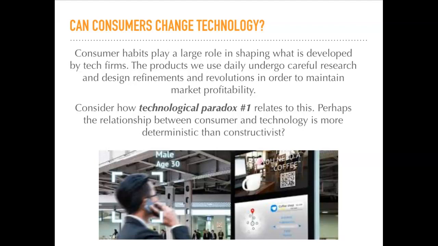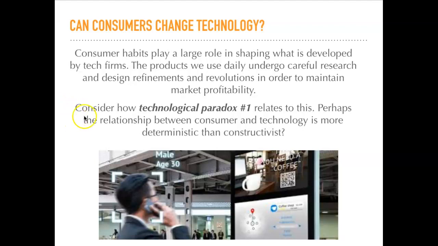But people still consume it. And if there's a way for companies to make money off of even human suffering, that is what will happen. So this idea that consumers can change technology is a powerful one, but we do need to think carefully and try to understand its consequences and outcomes.